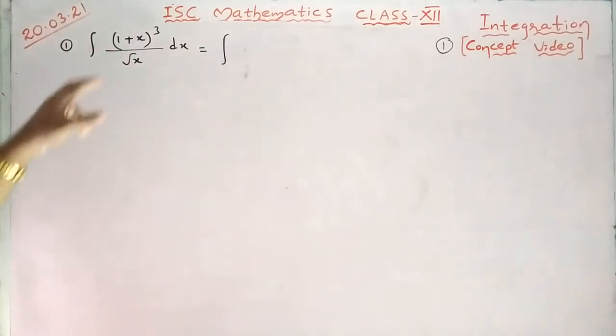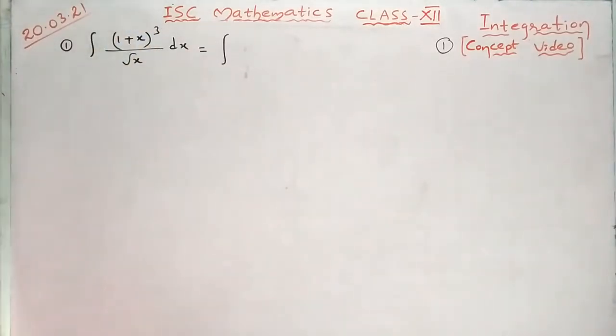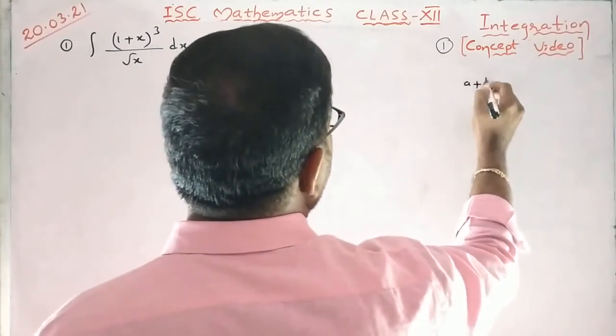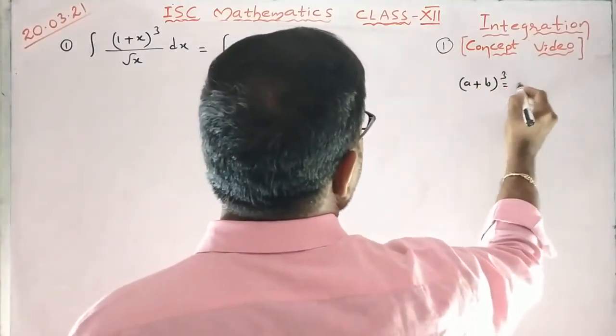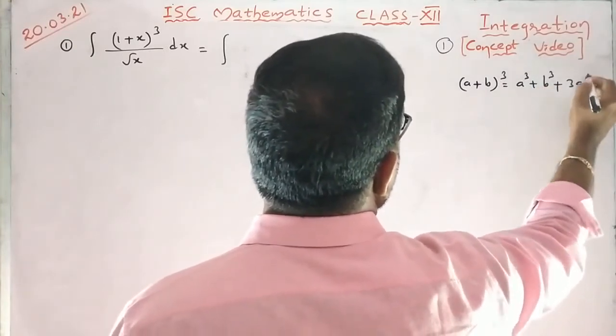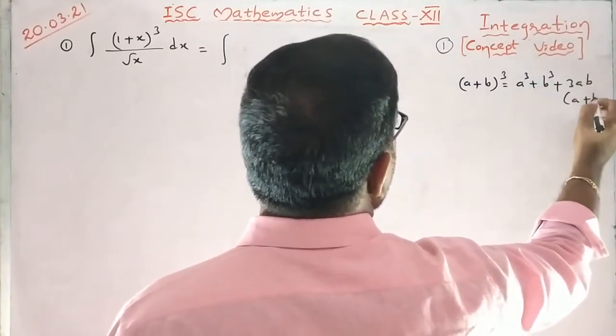1 plus x whole cube can be in the form of a plus b whole cube. You know the formula of a plus b whole cube. What is the formula for a plus b whole cube? a cube plus b cube plus 3ab of a plus b.